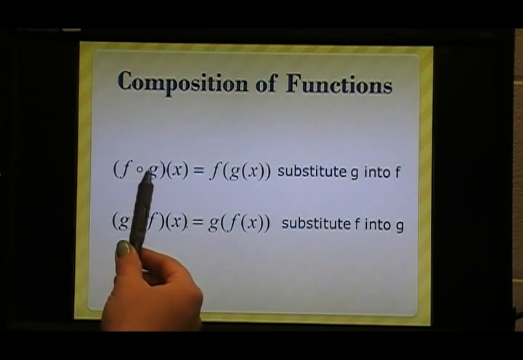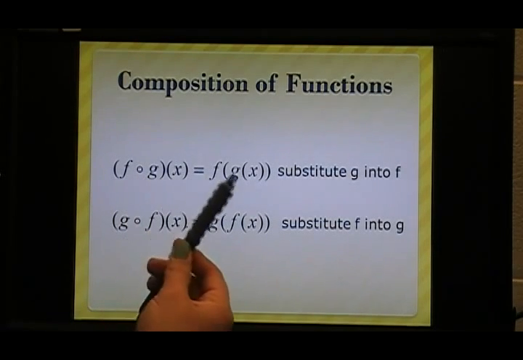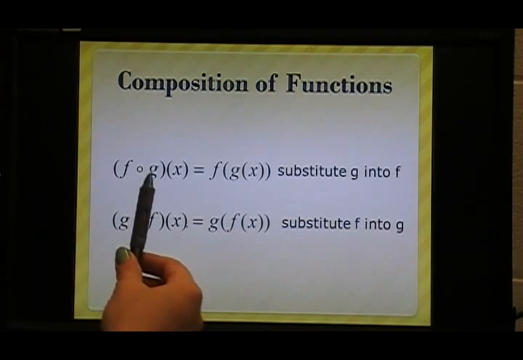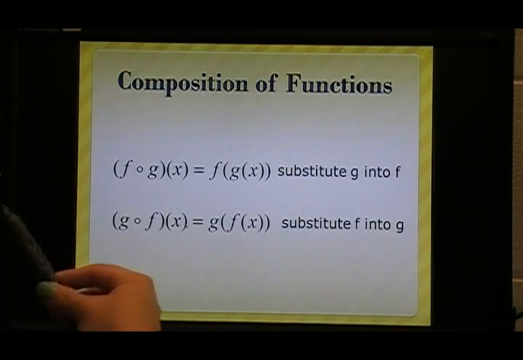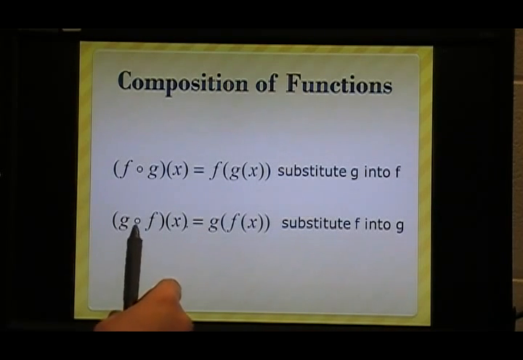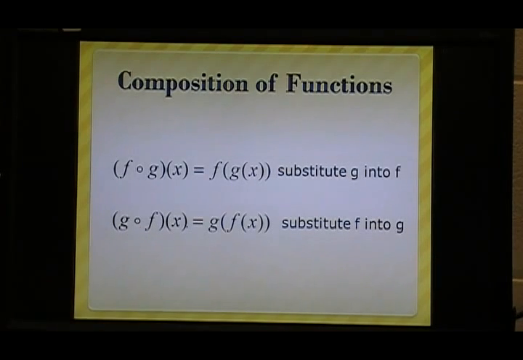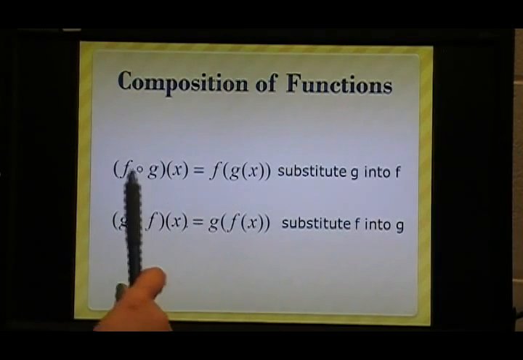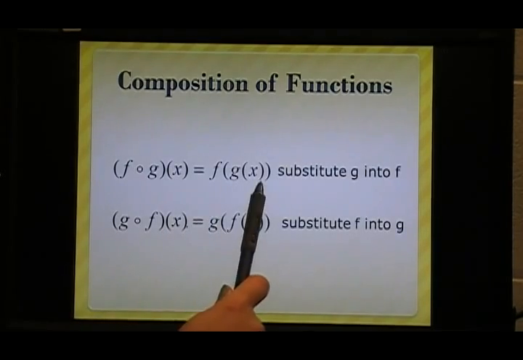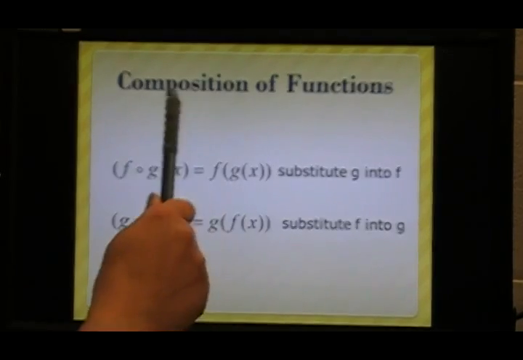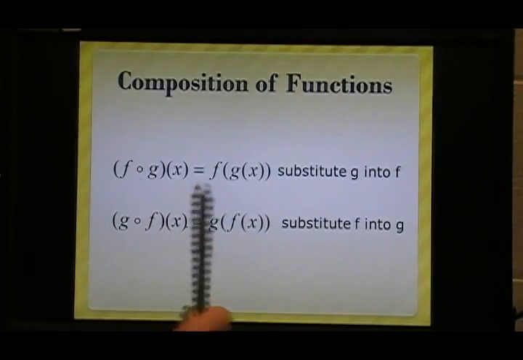So f composed of g, or what we really say is f of g of x, or g composed of f reads g of f of x. So two different notations that mean the same thing, that reference a composition of functions, are these.